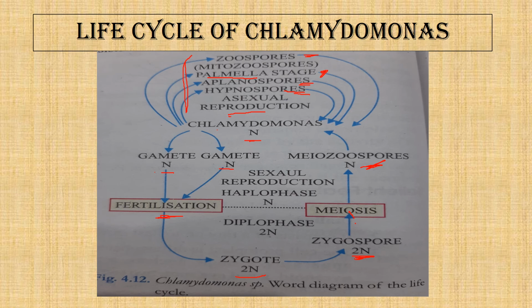So we see the diplophase is limited to only two stages, the zygote and the zygospore. After meiosis, it is again haploid and the meiozospores develop into Chlamydomonas. So this is all about the life cycle of Chlamydomonas.